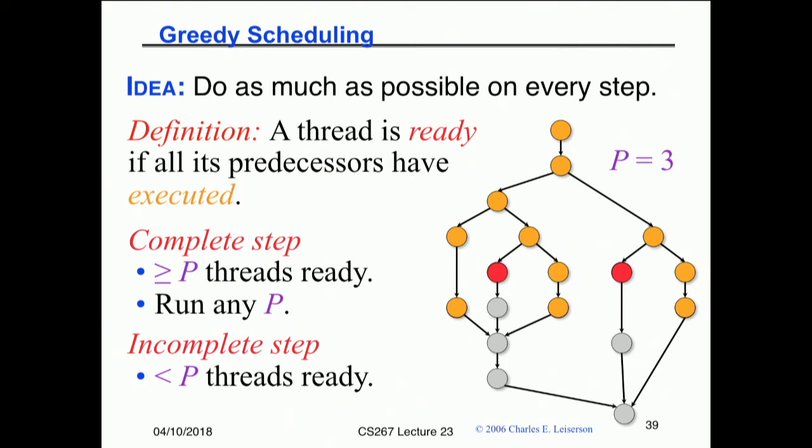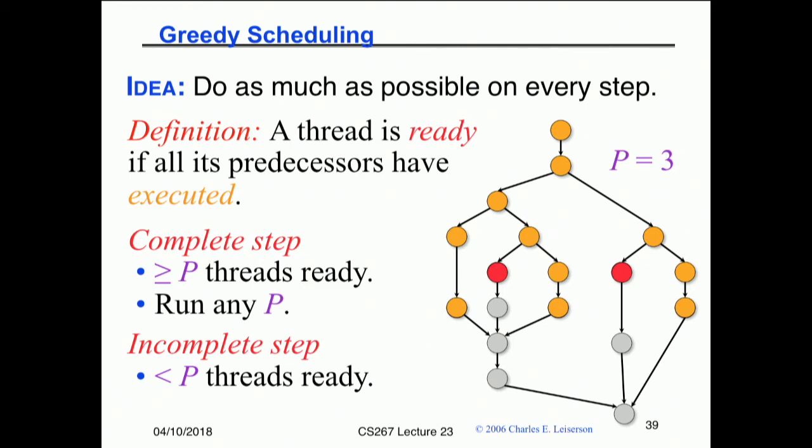And when there's a node sitting in somebody's queue that is ready to execute, it can be stolen, and then that processor will execute down the tree using a depth first evaluation of the task graph. And so a thread, or one of these tasks, is ready if all of its predecessors have been executed. We of course don't know what the graph looks like ahead of time, what this gray stuff may look like, but at any given point in time, we have all the things that are ready to execute.